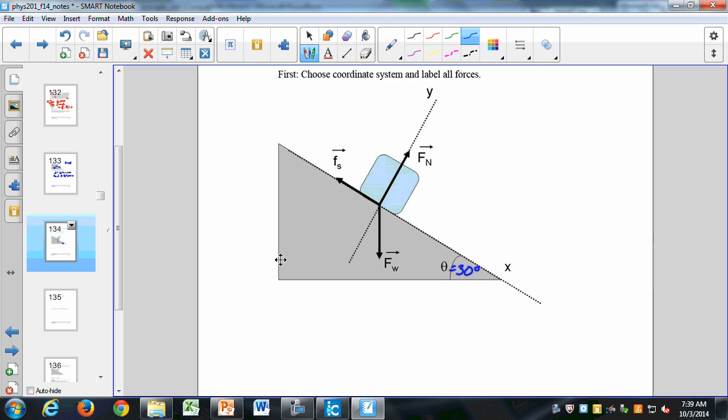I've already done step 1. Actually, I've done step 1 and 2. That's where you label and identify all the forces. I've labeled the normal force, the weight, and the static frictional force. I've also selected the coordinate system on an inclined plane. The coordinate system is with the x coordinate along the plane of the incline. Now your next step, draw a vector diagram, then resolve the vectors into their x and y components, and then apply Newton's second law.